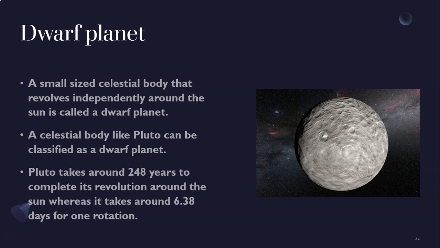Pluto takes around 248 years to complete its revolution around the sun, whereas it takes around 6.38 days for one rotation. It might seem slow, but we have to consider that Pluto is extremely far away from the sun and it is small. So that is why it takes more time compared to other planets.